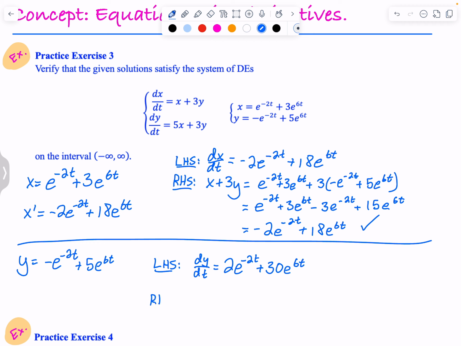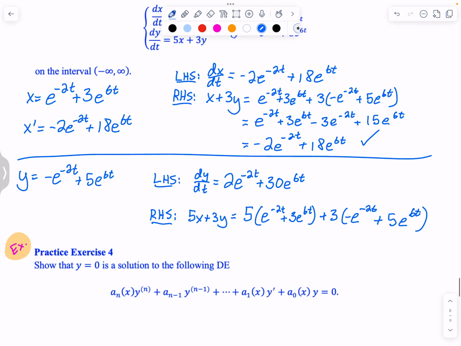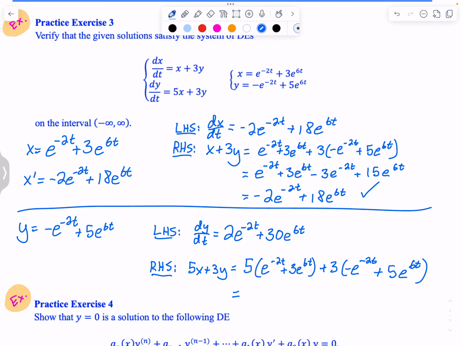Now let's do the right-hand side. The right-hand side was 5x plus 3y, so we're just plugging each one of those in. X is e to the -2t plus 3e to the 6t, plus 3 times y, which is -e to the -2t plus 5e to the 6t. And then all I've got to do is multiply that out to make sure it works and add like terms.